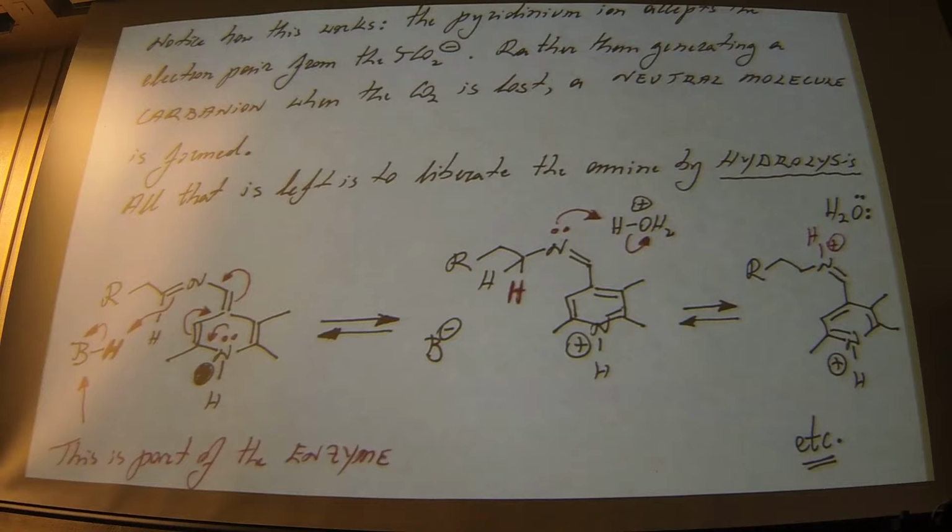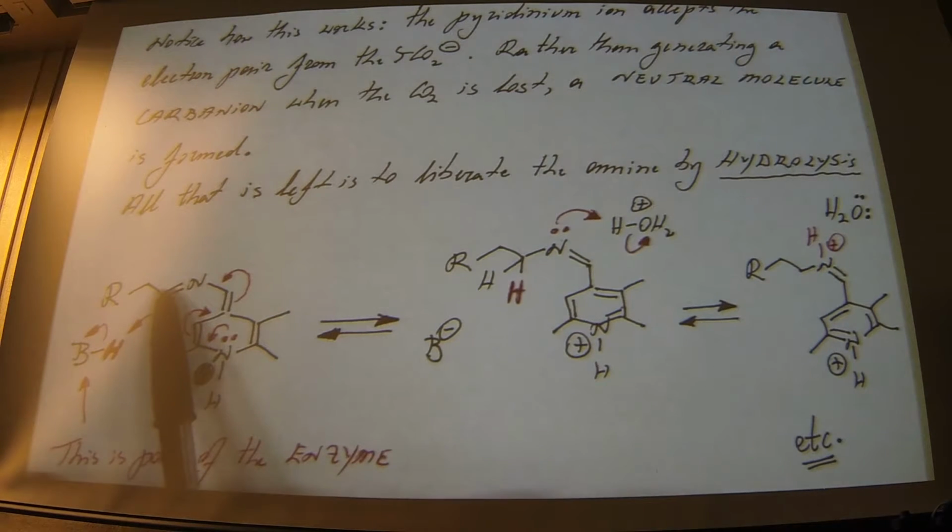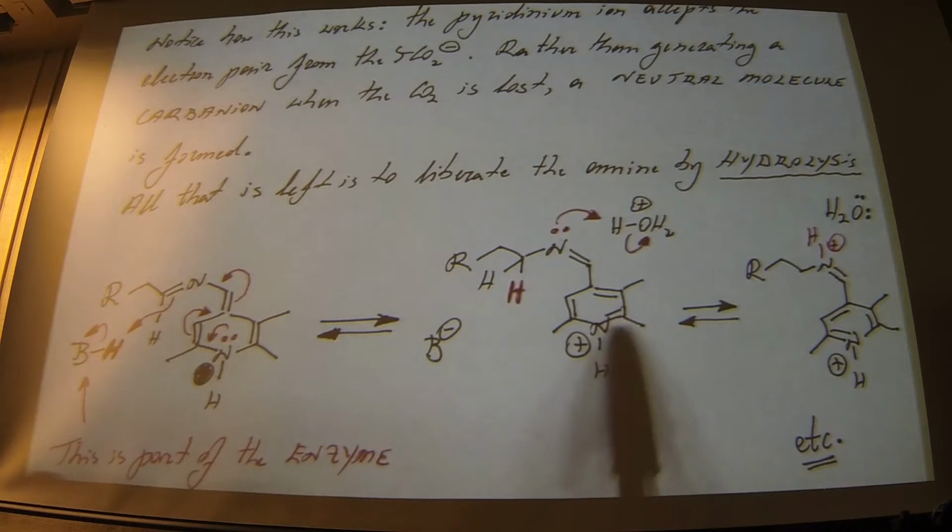The enzyme is regenerated. Notice that the cofactor is also regenerated, but you have a low energy pathway for getting there. And for the reasons that I indicated, even though you're protonating on a carbon atom here, in fact, you're getting an aminium ion as your product anyway.